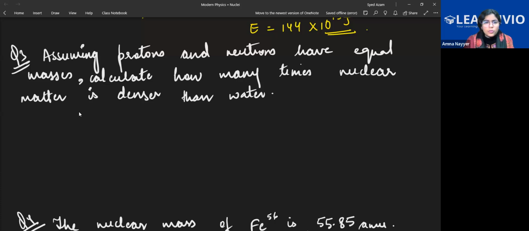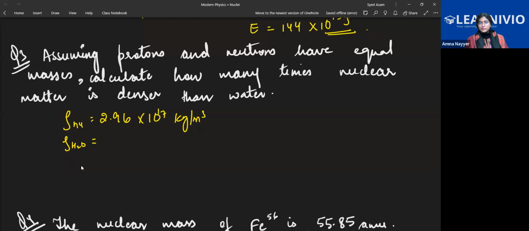So basically, we know the nuclear density, it is 2.96 into 10 to the power 17 kg per meter cube. Density of water, you tell me, Mariam. Yes, ma'am. What is the density of water?